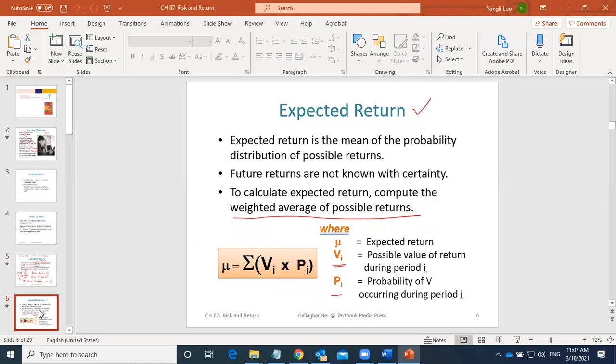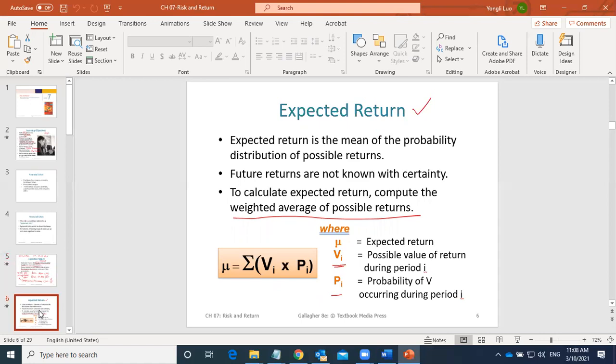Let's see, we have an example. The mean, which is the expected return, is the possible value of that return times the probability that value of return occurs.